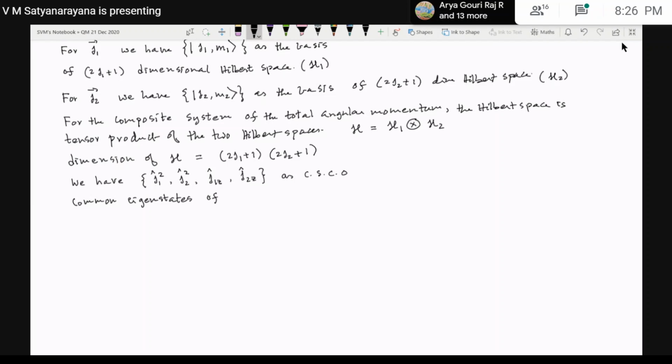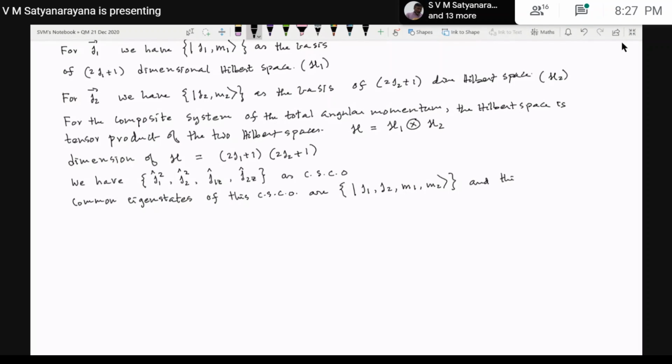The common eigenstates of these four operators are |J1, J2, M1, M2⟩. M1 will go from minus J1 to plus J1, and M2 will go from minus J2 to plus J2.